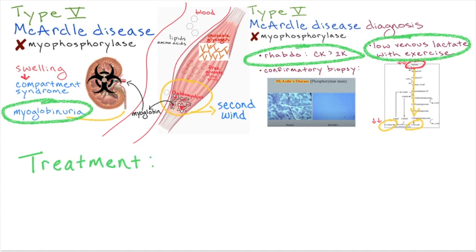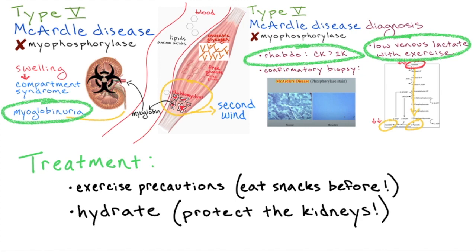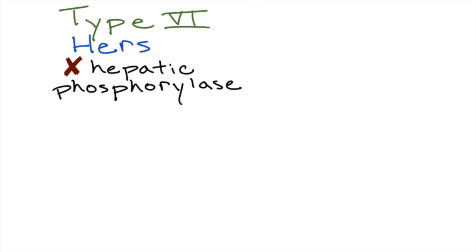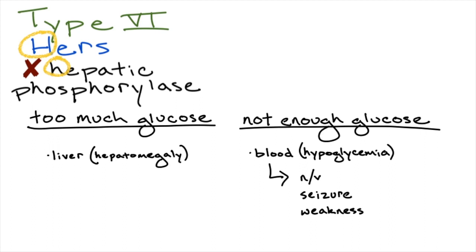Treat it with exercise precautions like consuming glucose in advance so patients have sufficient circulating energy that is not their own muscles, and hydrating to protect those kidneys. With type 6, HERS disease, we're back to talking about a glycogen breakdown issue in the hepatocytes, and are therefore going to see a lot of the same issues we already recognized as being typical of type 1 or 3, given too much glycogen in the liver, hepatomegaly, and not enough glucose in the bloodstream, fasting hypoglycemia.